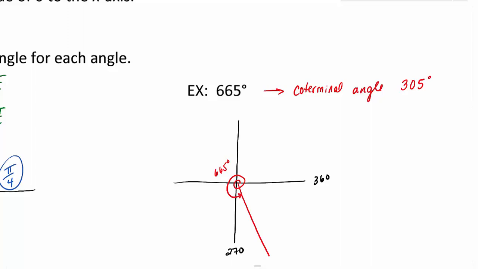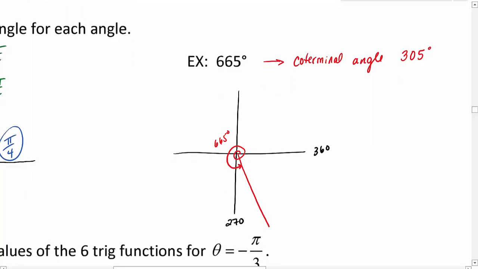And now we're going to drop a perpendicular to the x-axis, and it's always the x-axis, never the y-axis. And we want to figure out what this little angle here would be. How much more do we need to go to get to that 360? We were at 305. To get to 360, this is going to have to be 55 degrees. So there's our reference angle for 665 degrees.